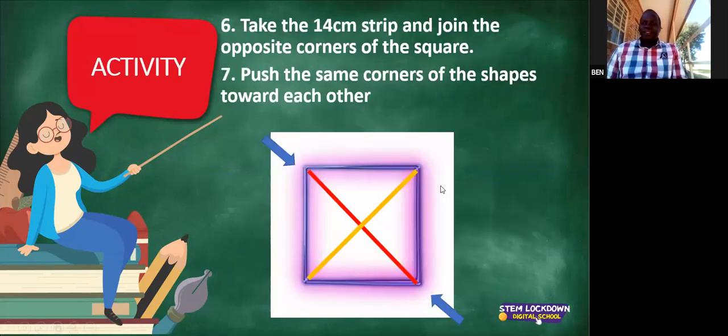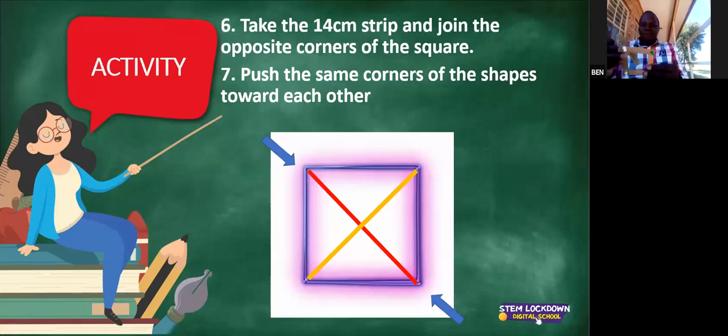Now, the next part, what you must do, you must take the 14 centimeter strip and join the opposite corners of the square. Now I must take this one and join the square.